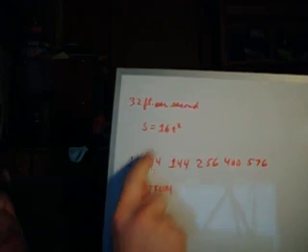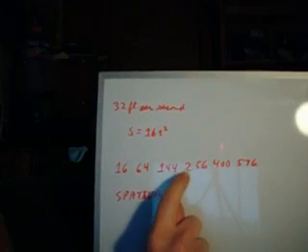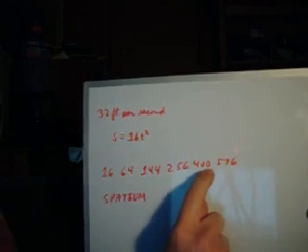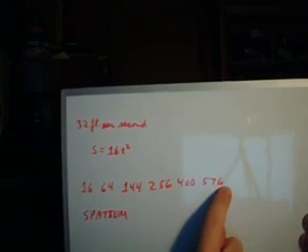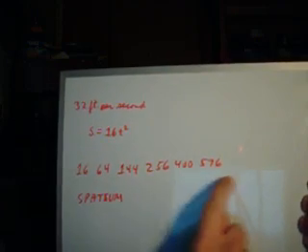After 2 seconds, it's going to fall 64 feet. 3 seconds, it's 144 feet. 4 seconds, 256. 5 seconds, 400 feet. And 6 seconds later, it's going to fall a whopping 576 feet. All these numbers are feet. Okay?